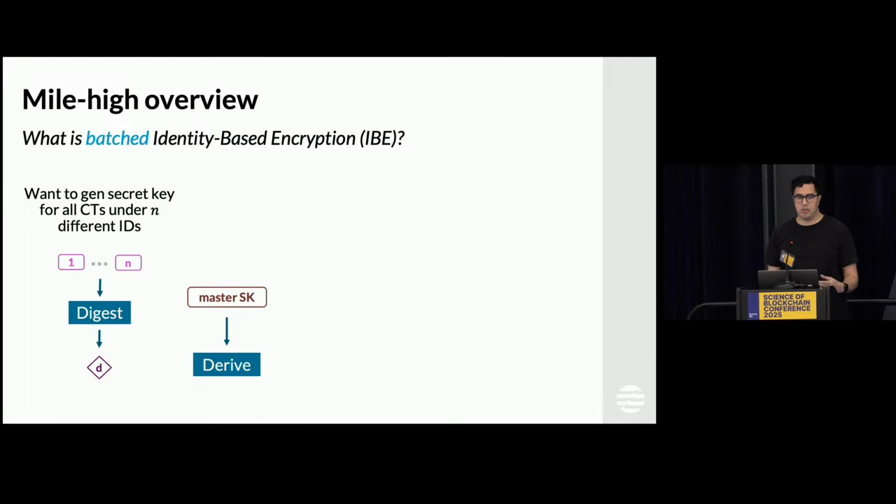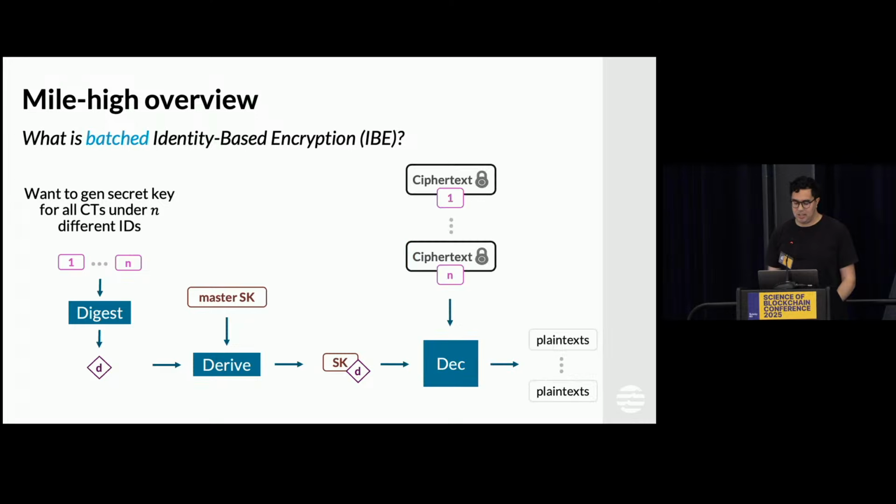With this change, we're also going to change our key derivation procedure. Instead of taking an ID directly, as in normal IBE, this key derivation procedure is going to take this digest, and it's going to generate a secret key corresponding to this digest. The idea is that the secret key should be able to decrypt any ciphertext with any ID that was committed to in the digest.